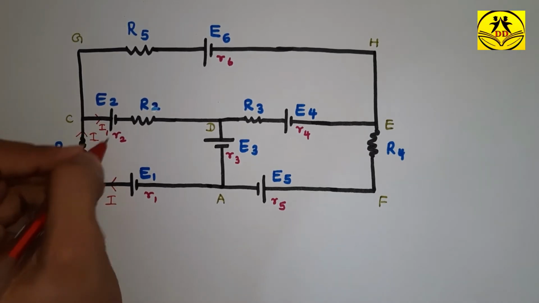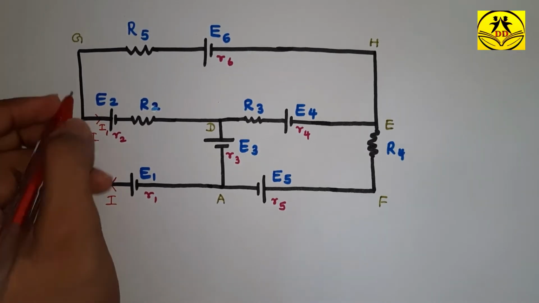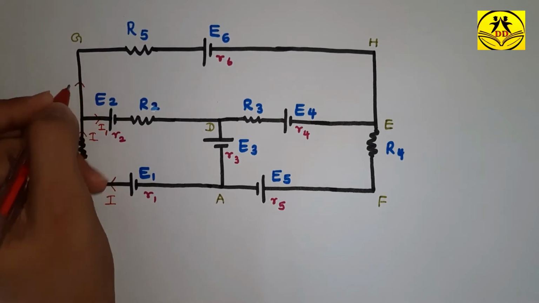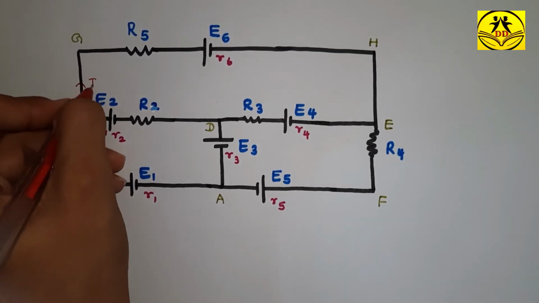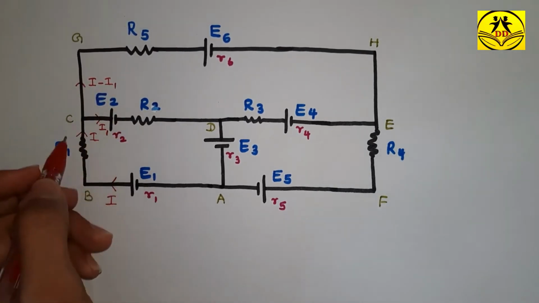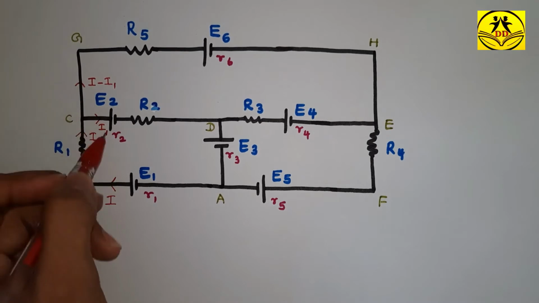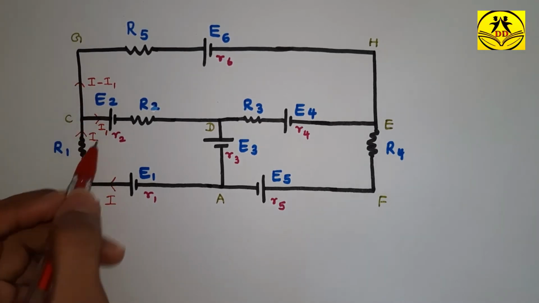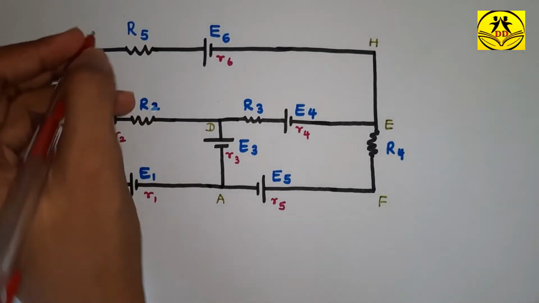Let's say capital I1 flows through this. And now what is the current flowing through this branch? That is capital I minus capital I1, the rest of the current. So the algebraic sum of these two is I. So now this current flows through this.